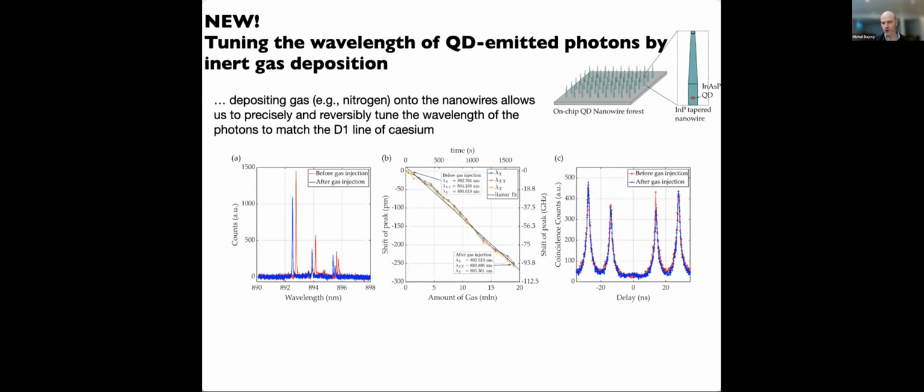And now if you spray nitrogen gas, the nitrogen gas is going to deposit on the nanowires. And because the quantum dot is so close to the surface of the nanowire, the stress arising from the mismatch between the lattice of the solidified nitrogen and the lattice of the indium phosphide nanowire will squish the quantum dot and move the frequency of the emission.